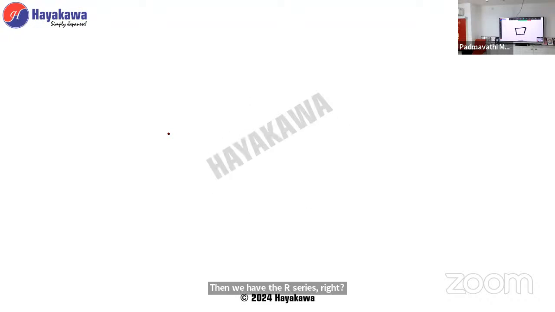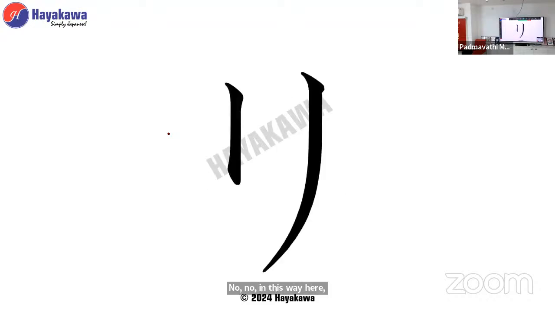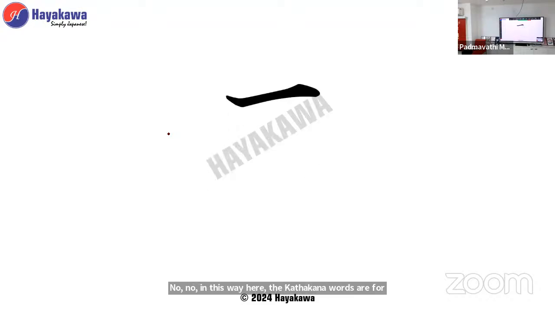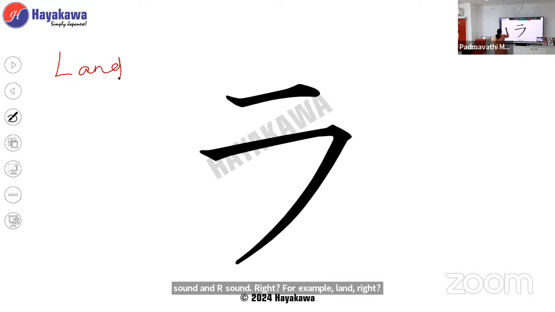Now, the katakana words are for loan words, foreign words, which are not hiragana sounds, right? So in that case, you will have both L sound and R sound, right? For example, land, right? We will see the words also. We will have land, land.